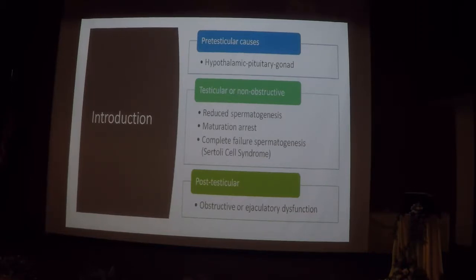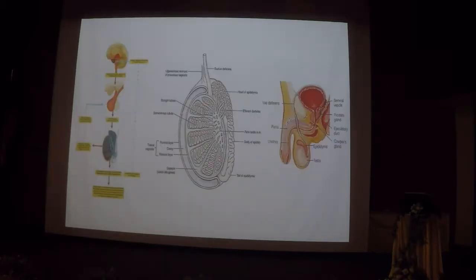That means the testis itself failed to produce any spermatozoa. Either production is low, spermatogenesis is reduced, or there is production of sperm but it somehow failed to mature into normal spermatozoa. And post-testicular are the obstructive or ejaculatory dysfunction, covered more by urologists later. So either the problem is here or here or here.